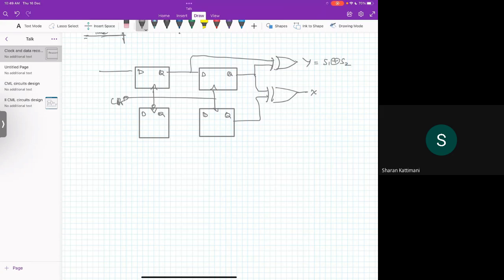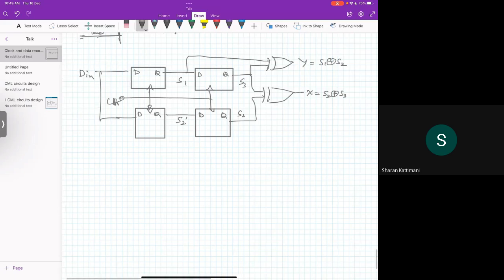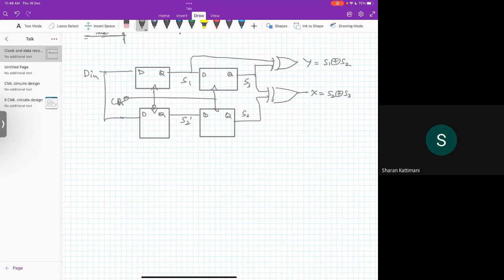So here it is S1, this is a signal, this is S3, and this is S2, and this is S2 dash, and D in is applied to both the series of flip flops. Okay, so this is S2 XOR S3. Okay, so this is S3.